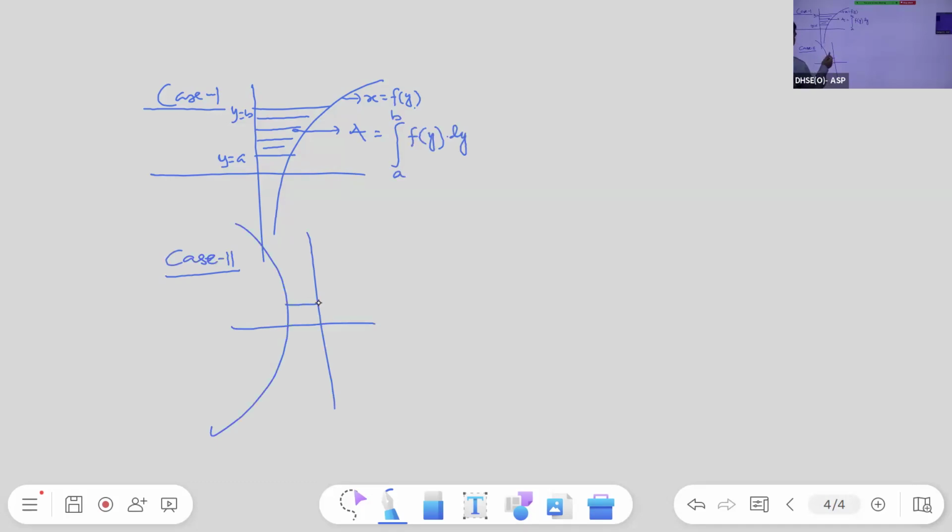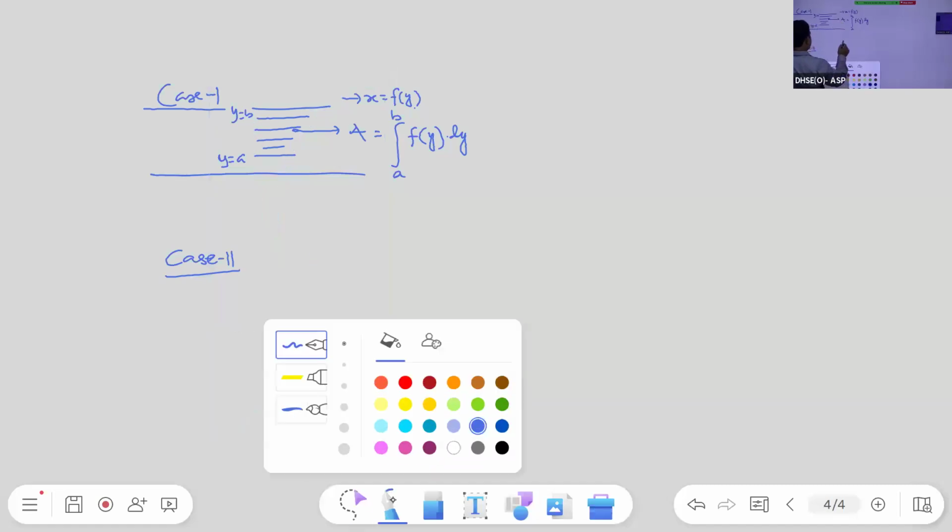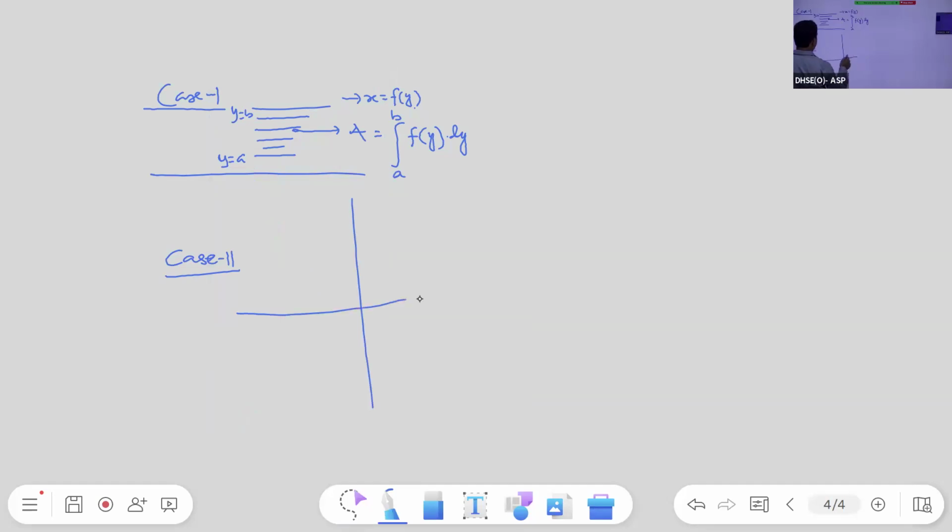So x is equal to A. This area is equal to minus integral A to B f of y dy.